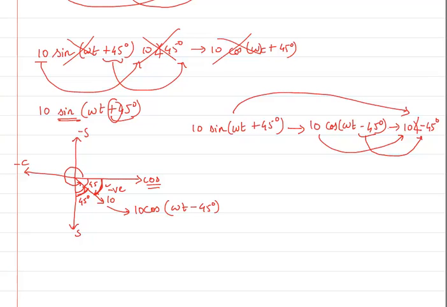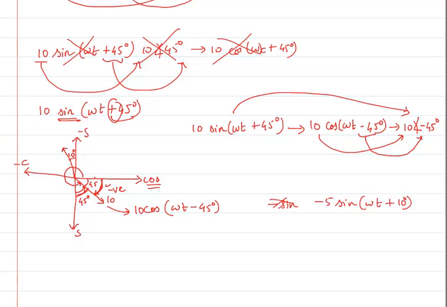So whatever be the equation, even if it is going to be minus sine, let me write it like this: minus 5 sine omega t plus 10 degrees. So I know that from minus sine, 10 degrees in positive direction, that means this is 10 degrees, this will be this.